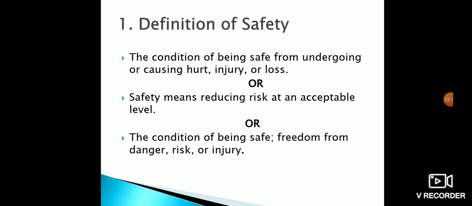Means protected from hurt, injury or loss. Means condition of being safe is called safety.